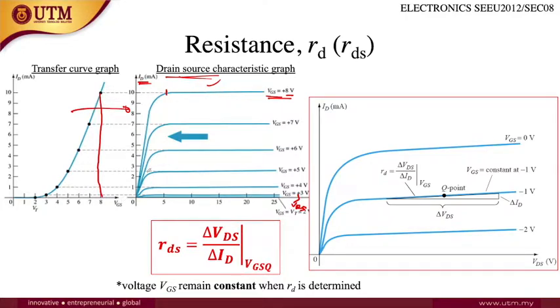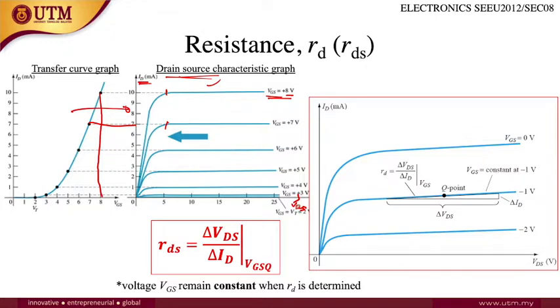When you change the gate source value to another point, for example 7 volts, the drain current will increase. At some point, the drain current will become maximum.